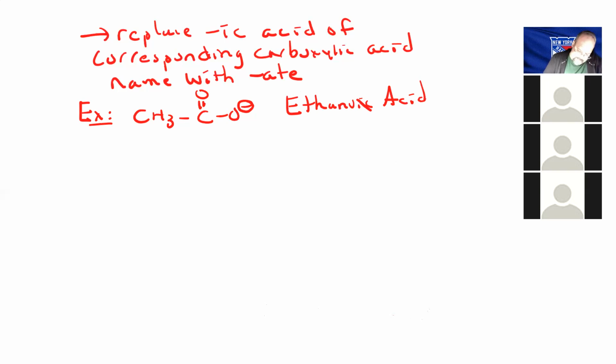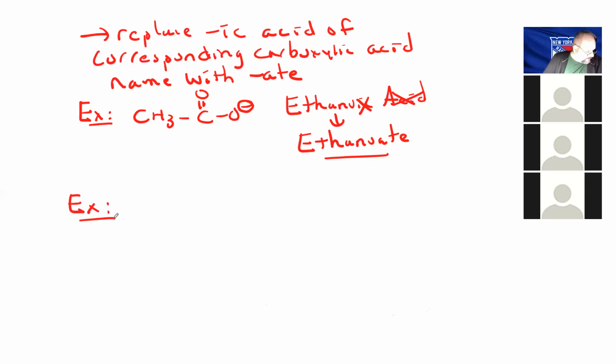But what do we have here? Take out the IC, take out the acid, and it becomes ethanoate. So the name of this carboxylate ion would be known as ethanoate.